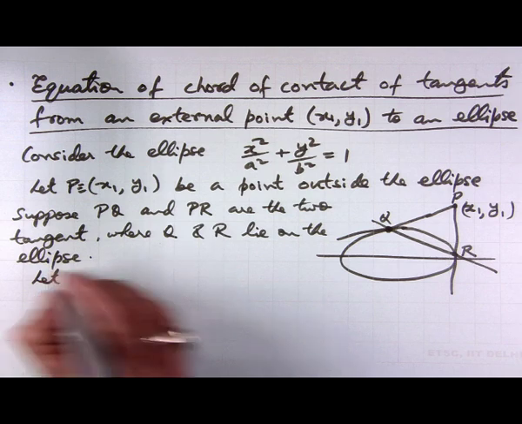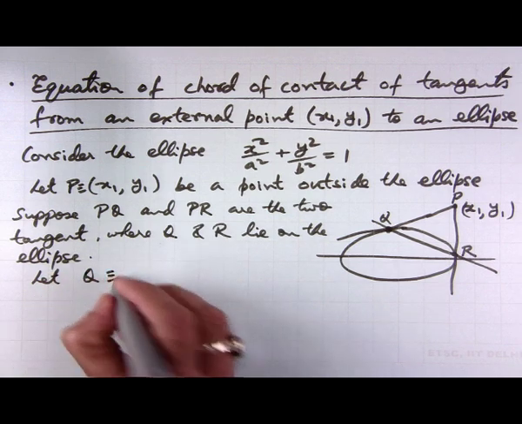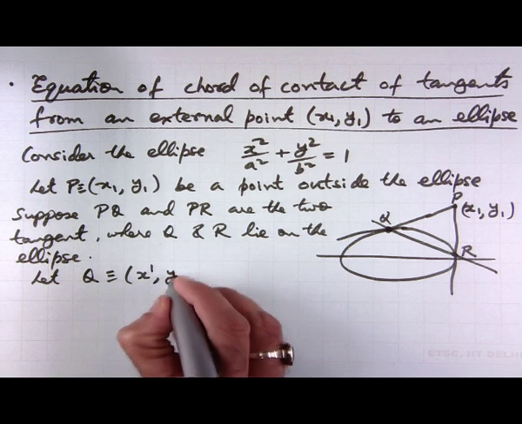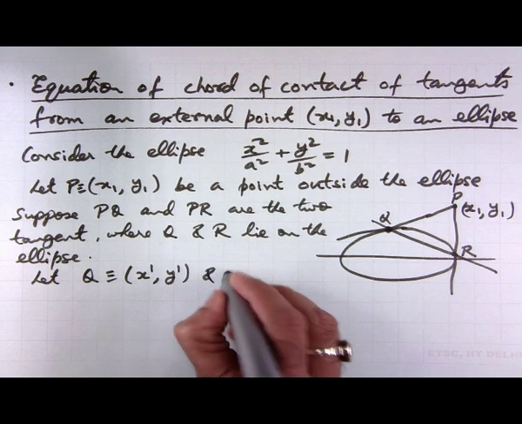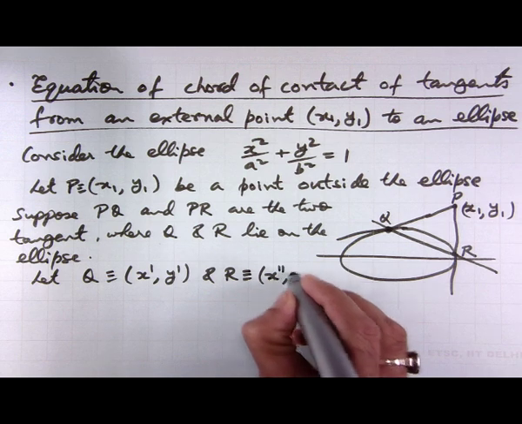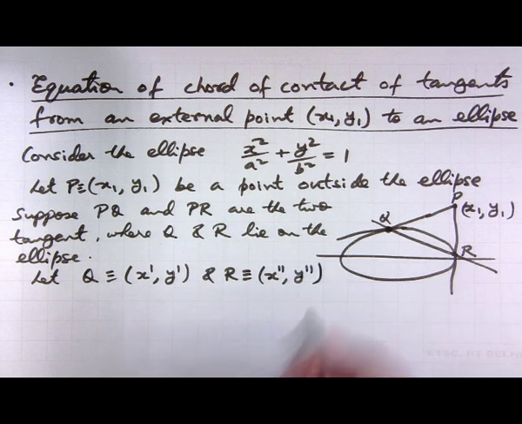So, let Q be the point x prime y prime and R be the point x double prime y double prime on the ellipse.